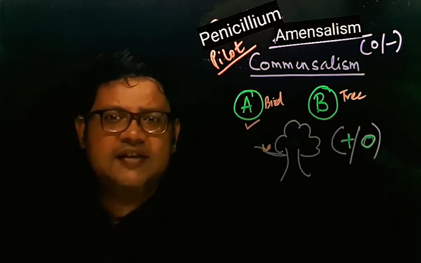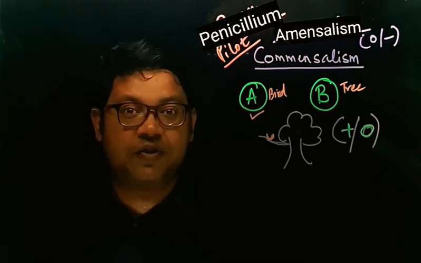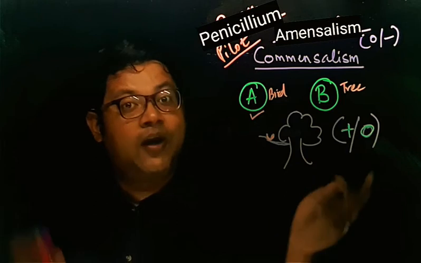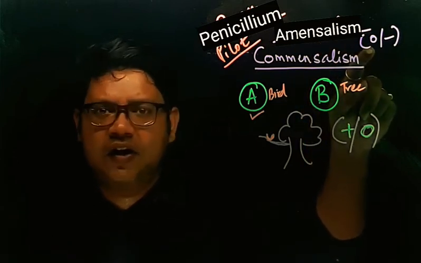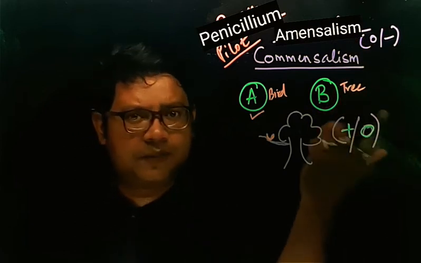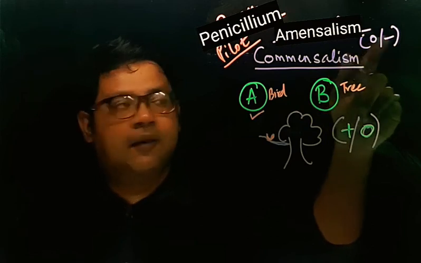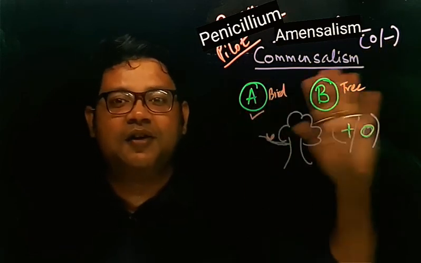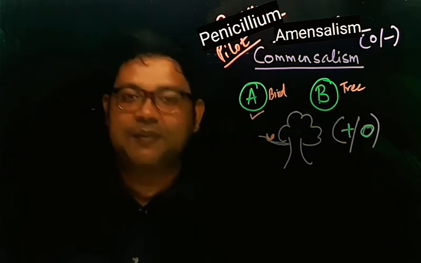This is also a type of interaction occurring between organisms, where one of the species is neither getting harmed nor getting benefited, but the other species is getting harmed. That's a type of interaction which is called amensalism.